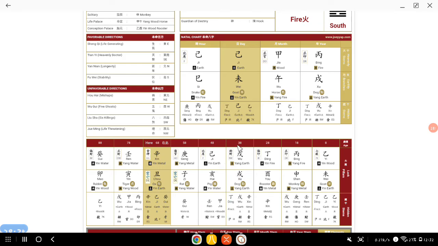So we can see that during this period he achieved a lot of things. But when he enters 48, this period of time is not favorable.